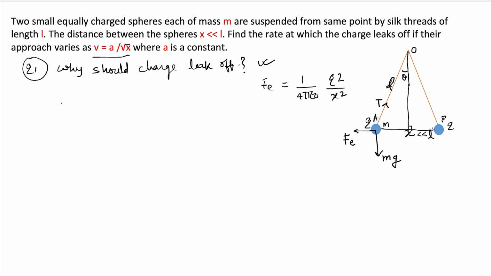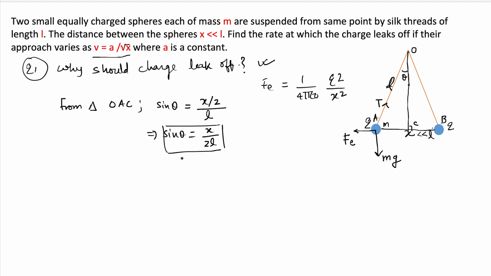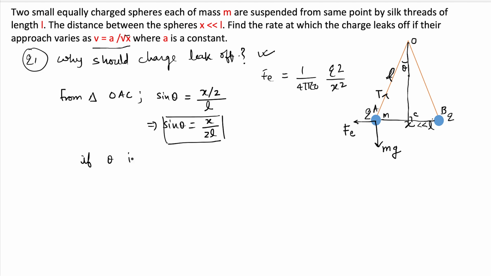From triangle OAC, sin theta is x by 2L. I hope this is clear. Now, this is very small, so sin theta equals theta, which is x by 2L.